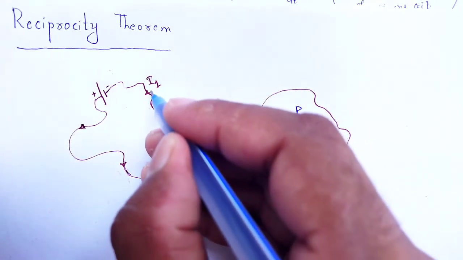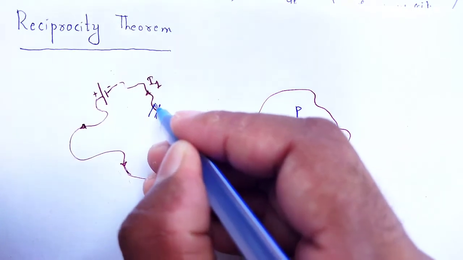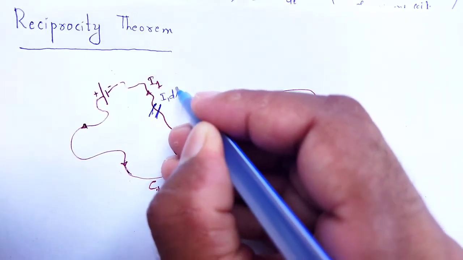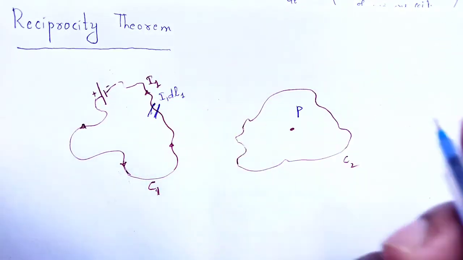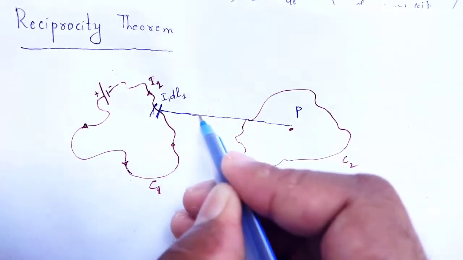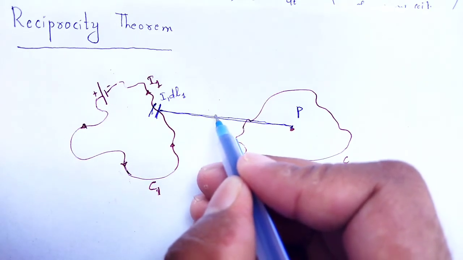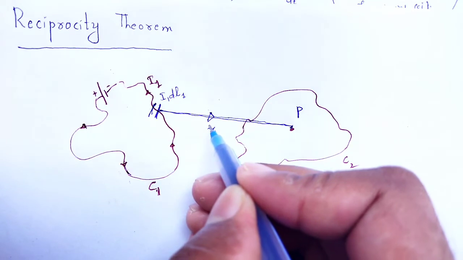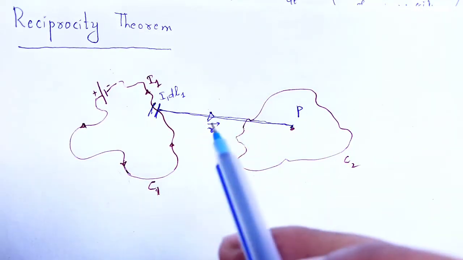Let us choose a current element here, that current element be I1 dL1, where dL1 is the length of that loop section. The position vector of that point P from this current element is R1, the R vector.